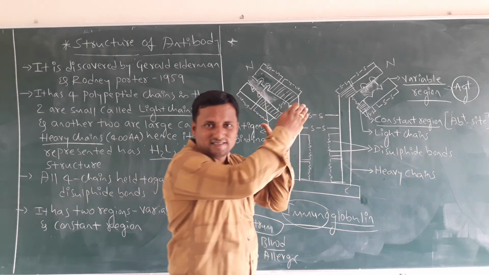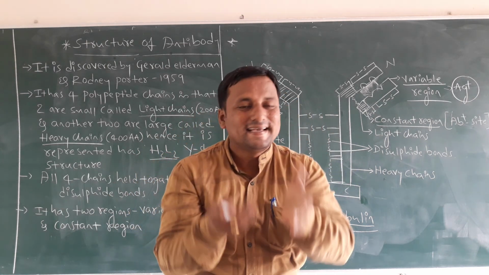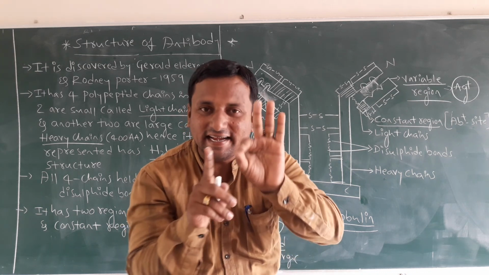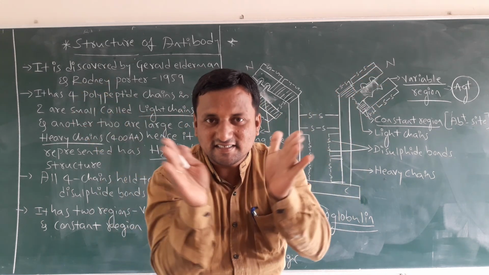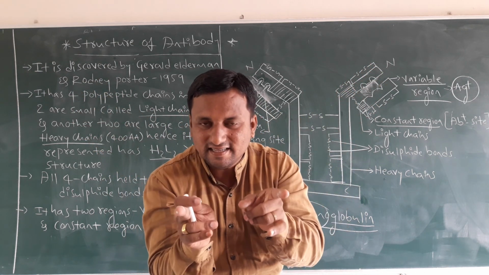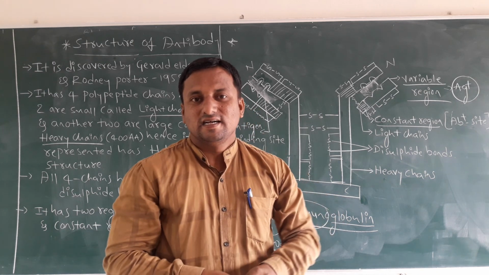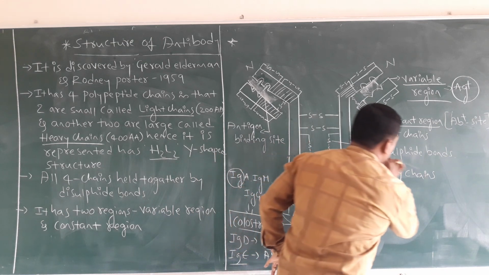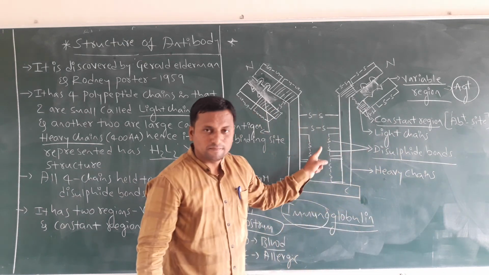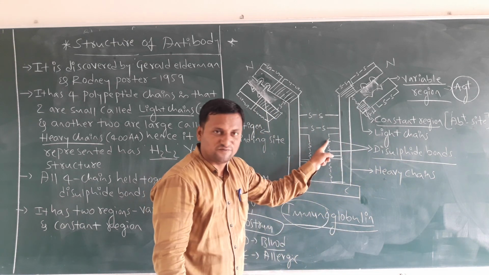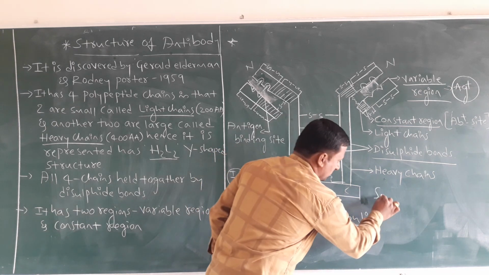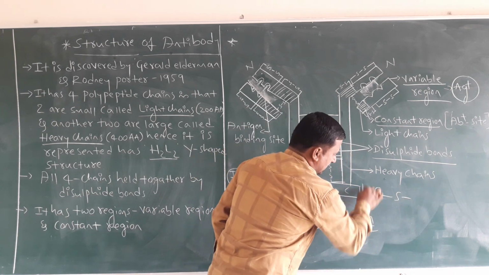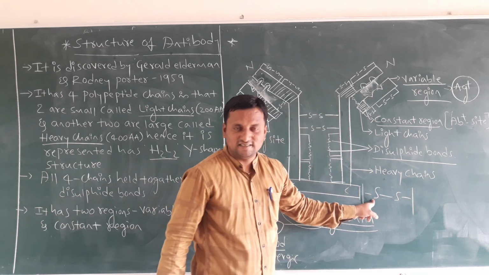These chains, what are those chains? Heavy chains and light chains are attached by the disulfide bonds. What are those? We call them disulfide bonds. See, these are called sulfide compounds like this. Like this, these are attachments.